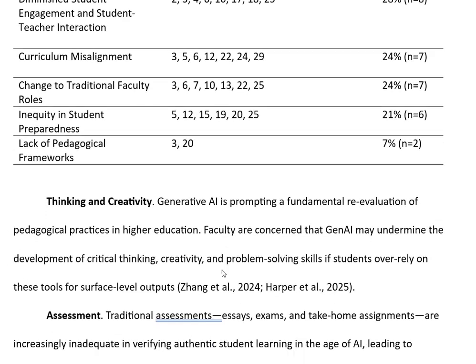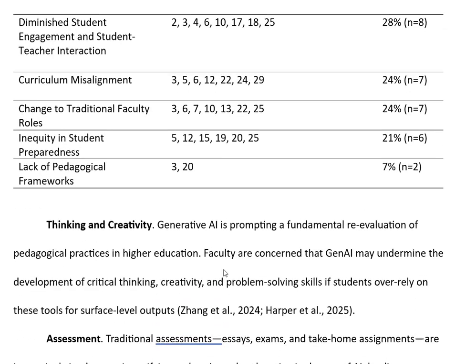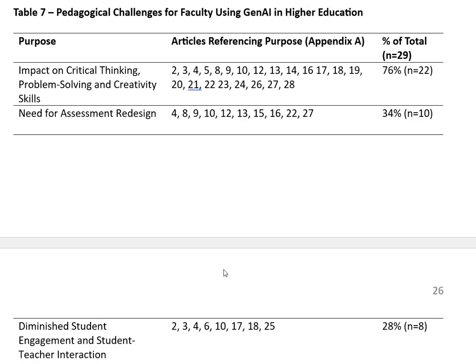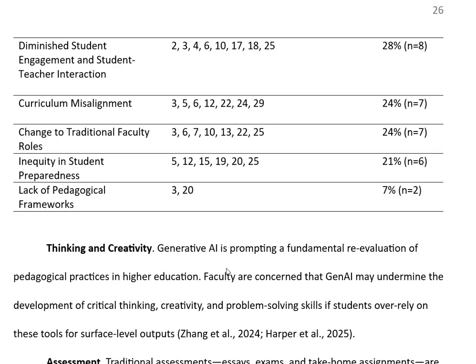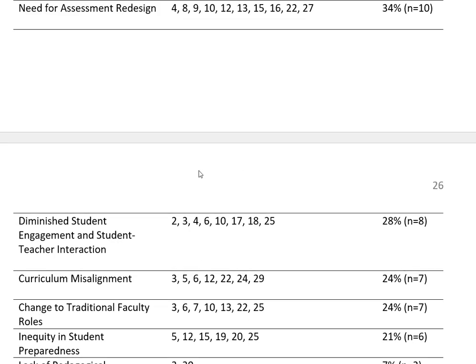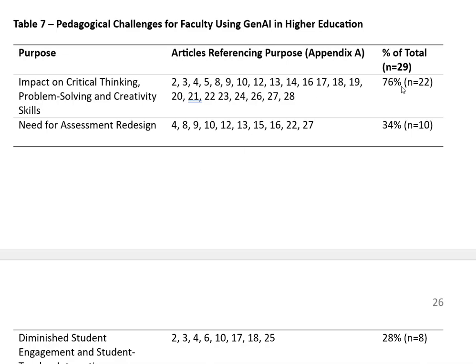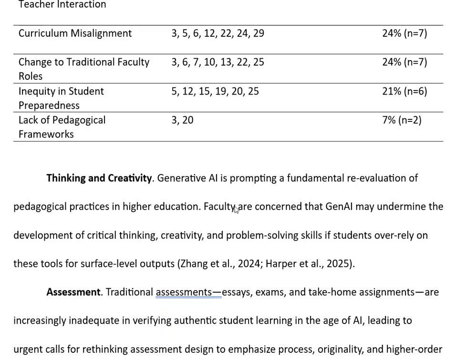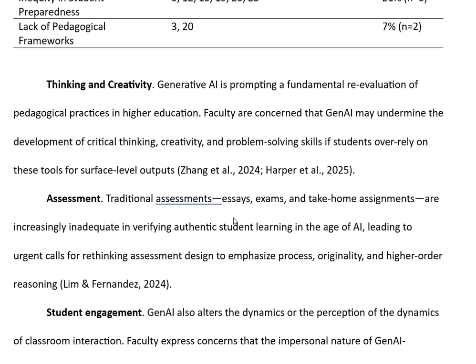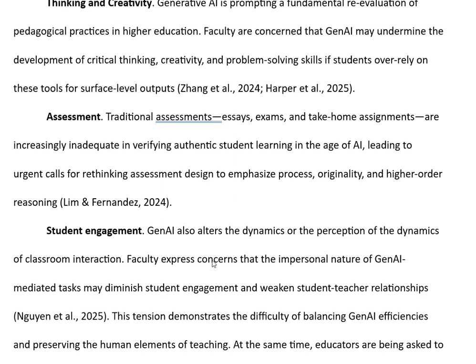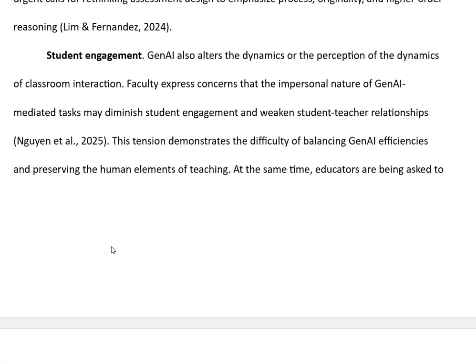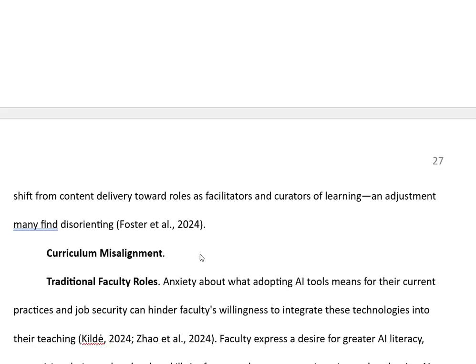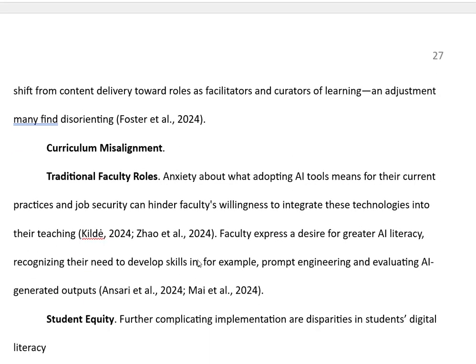The first ones are fine, thinking and creativity. Although, yeah, no, this one needs to be expanded, each of this section. You have 22 articles here and just one line here. And same with assessment, just one reference. Student engagement, just one reference. Curriculum misalignment, you didn't put any references.